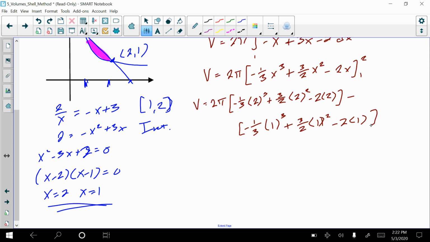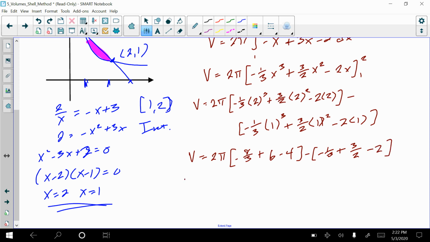Okay, so let's see what we wind up getting. 2 cubed is 8, so I'm going to get negative 8/3 plus, 2 squared is 4, 4 times 3/2 is 6, so that'll give me a 6 minus 4, minus, and now here we're going to just have the negative 1/3 plus 3/2 minus 2.